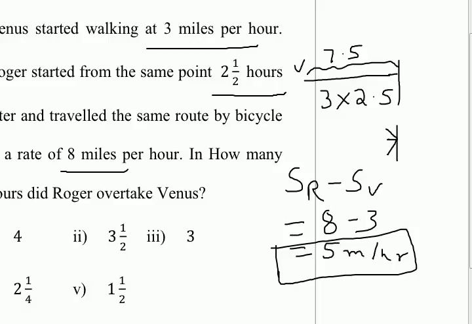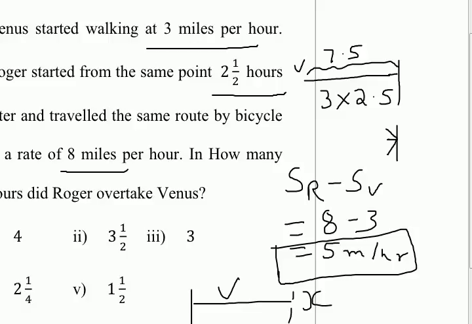If they start at the same point, after 1 hour, this would be Venus and this would be Roger, at x and x plus 5. This is the concept of relative speed.